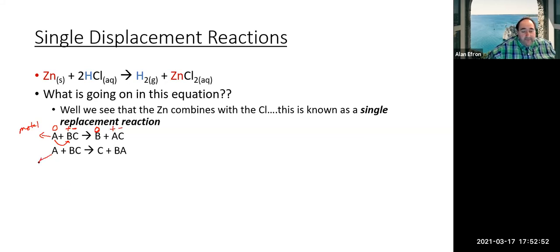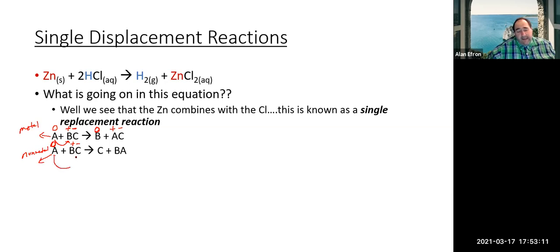A could also be a nonmetal, and a nonmetal plus a positive and negative guy will do a similar reaction, except that the nonmetal, although it does not have a charge here, when it gets a charge, it's negative.